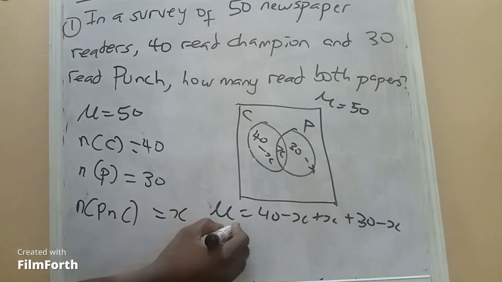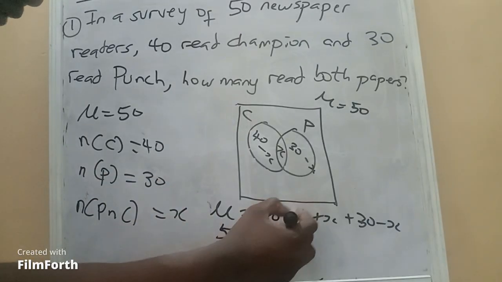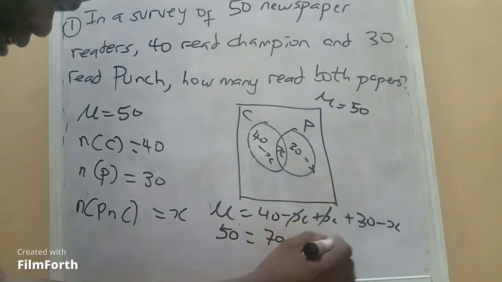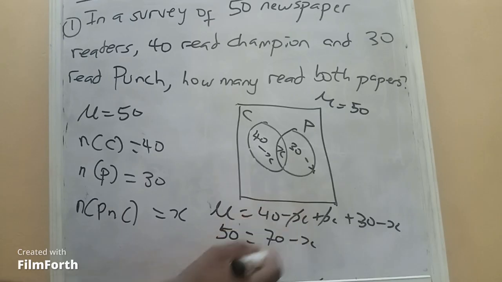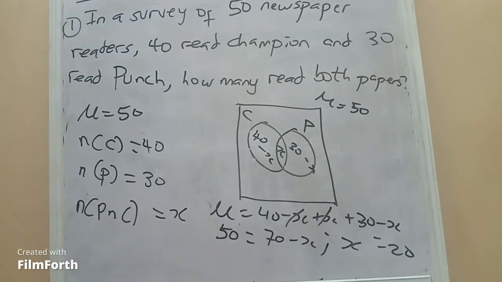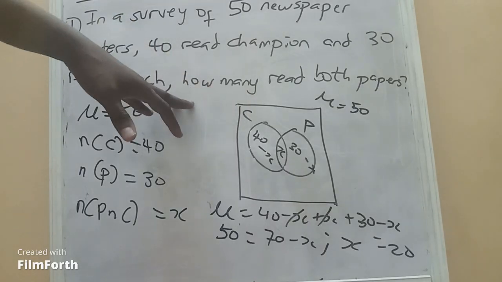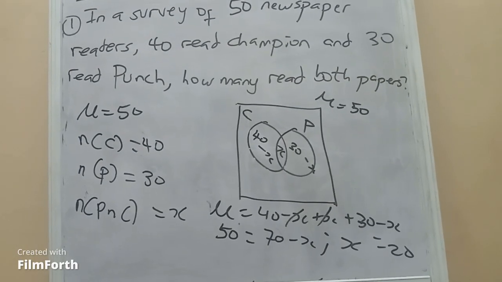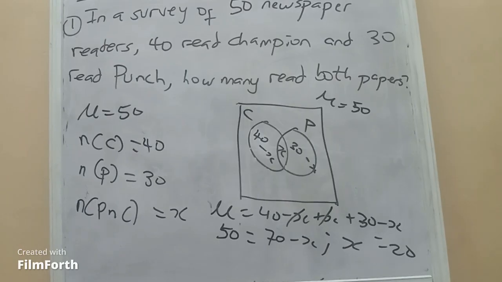Our universal set is 50, and we have 70 minus X, which at the end of the day, if you do your simple arithmetic, X equals 20. So therefore, the number of readers that read both papers is 20.